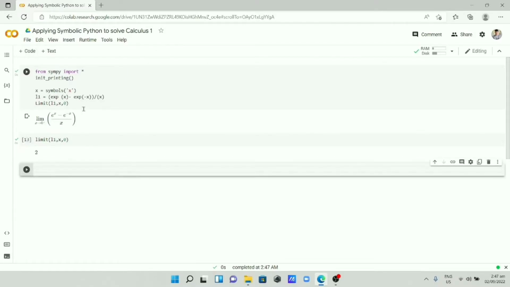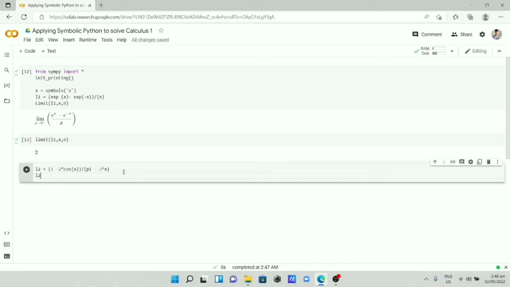Okay, let's move on to problem number 2. For the function of my problem number 2, I am going to use L2 equals, let me put the fraction first, 1 minus 2 multiplied by the cosine of x, over pi minus 3x.